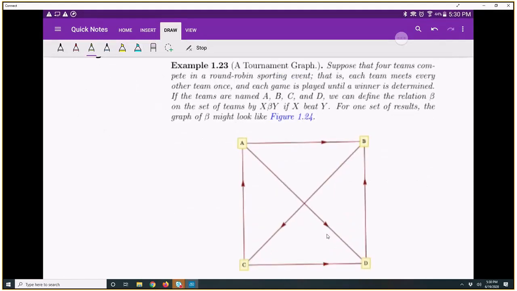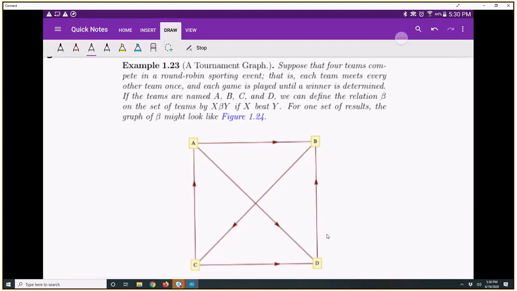Another type of graph that we'll see is what is called a tournament graph. In the picture below, we're supposing that four teams are competing in a round-robin sporting event. A round-robin sporting event is when each team plays each other team once, and each game is played until a winner is determined.